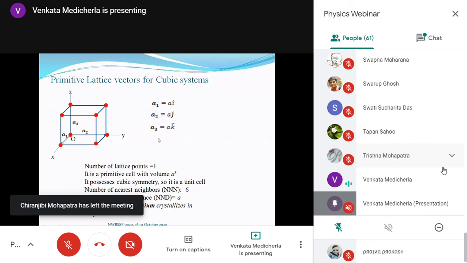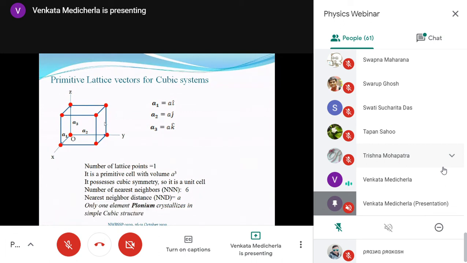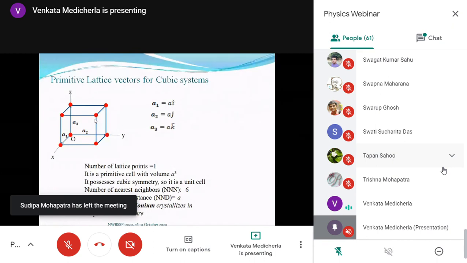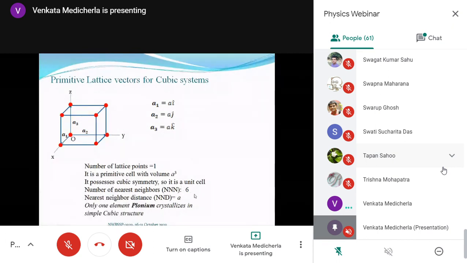So you will get a total of 6 nearest neighbors to any particular corner. If you take this corner atom, you have 3 already there, and another 3 will come if you extend the cube on the sides. In a single cube you will not be able to realize this. You have to extend the cubes on top and the sides, then you can realize that only 6 nearest neighbors are possible for simple cubic.